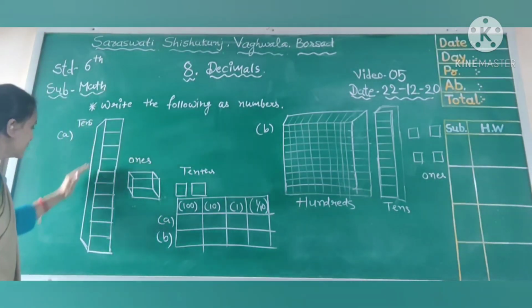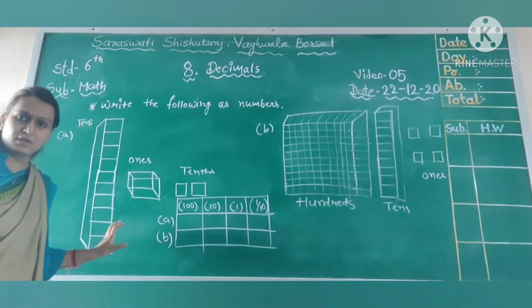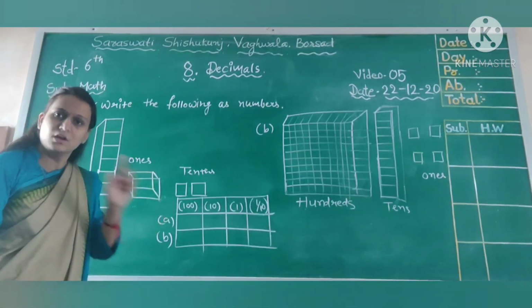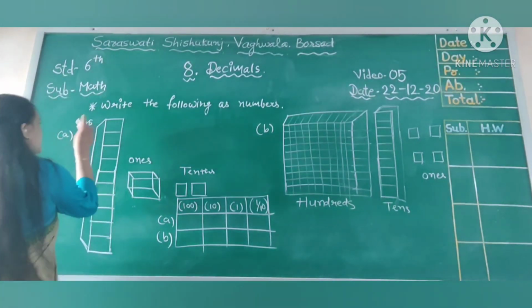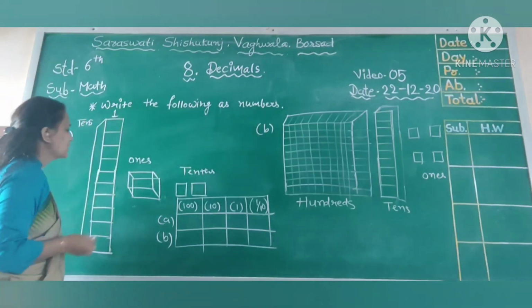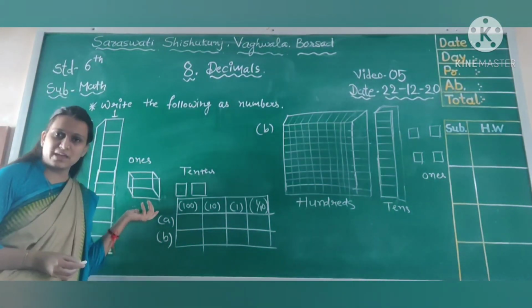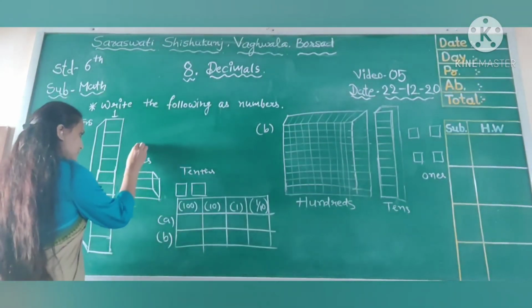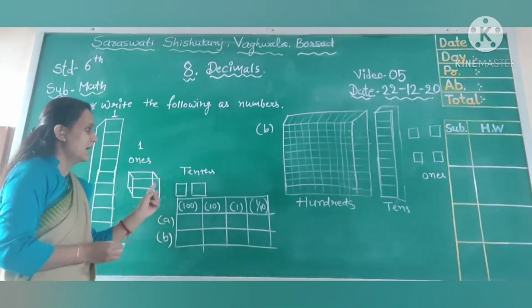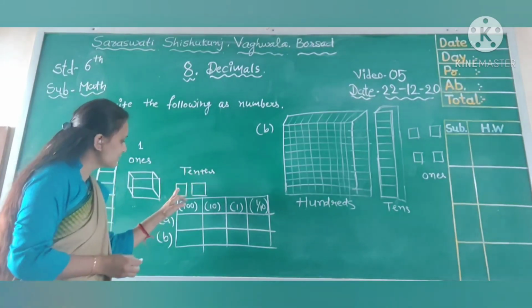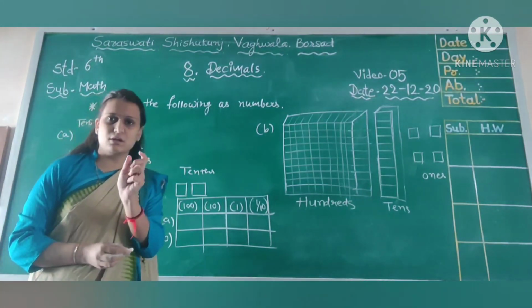So at the ones place, how many blocks have we given? Only one. Same at the tens place, how many blocks have we given? 1. So here also 1. And now at the tenth place we have given two small blocks.